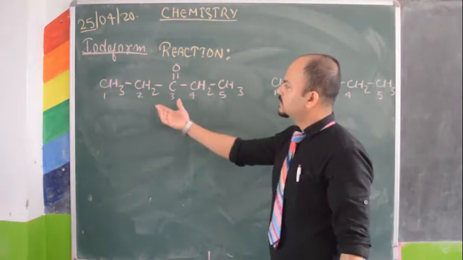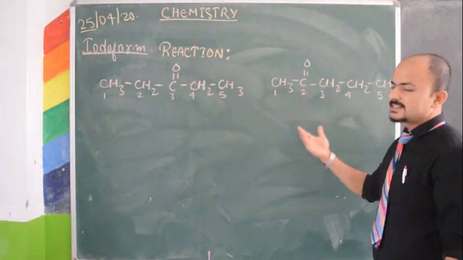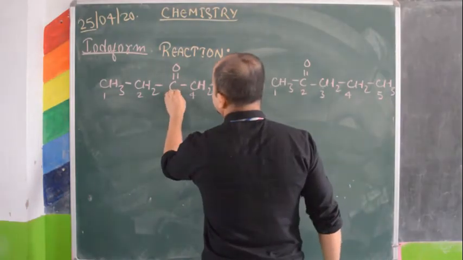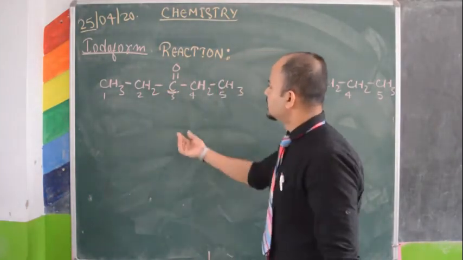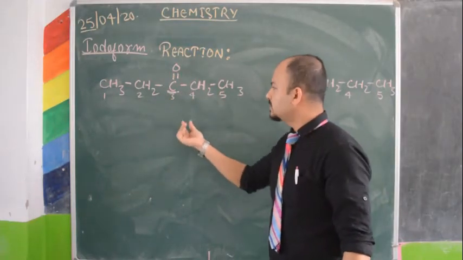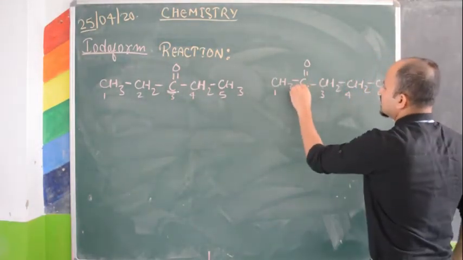So, both of these are having the same molecular formula. The difference lies in the position of the C double bond O. Now look here, this carbon is present at carbon number 3 and here it is present at carbon number 2.